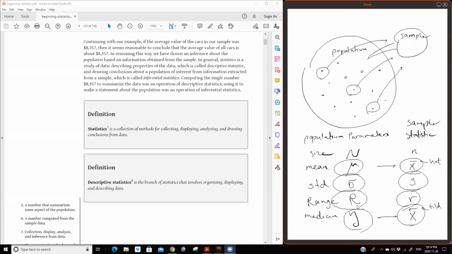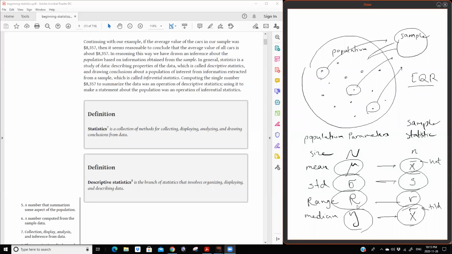There are also some measures of dispersion, which tell you how much variety there is in your population, like standard deviation, the range, or the interquartile range that you already know about.